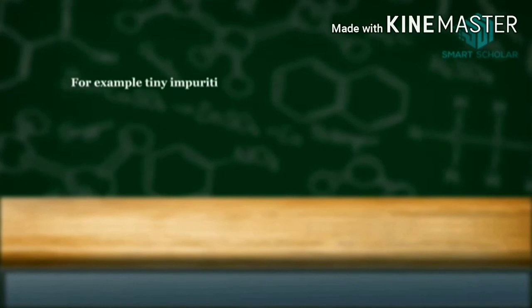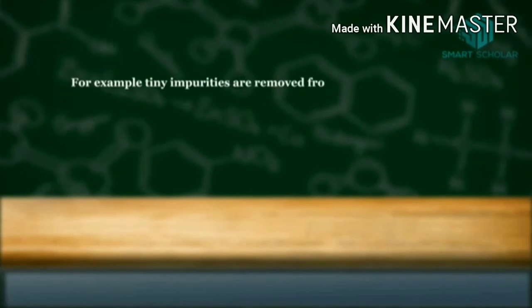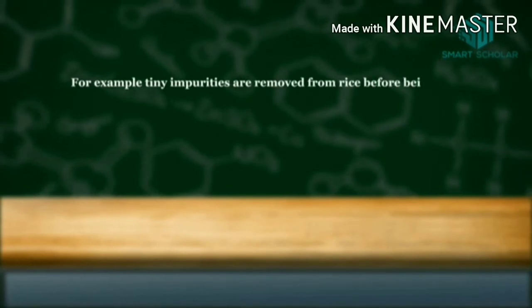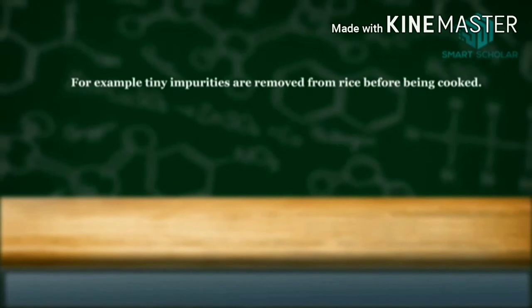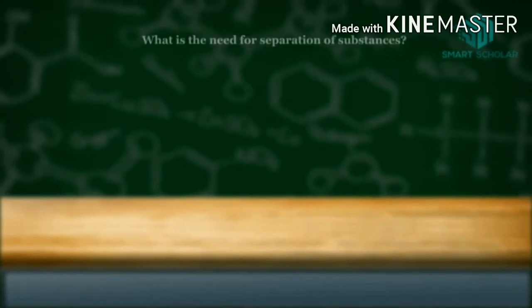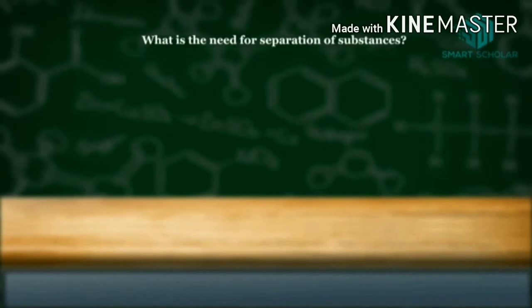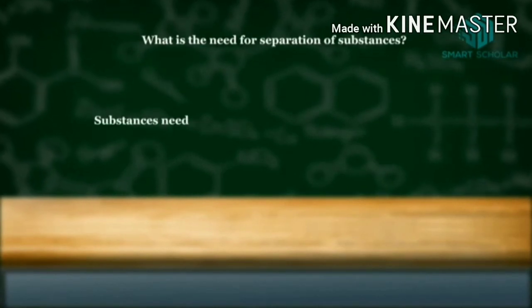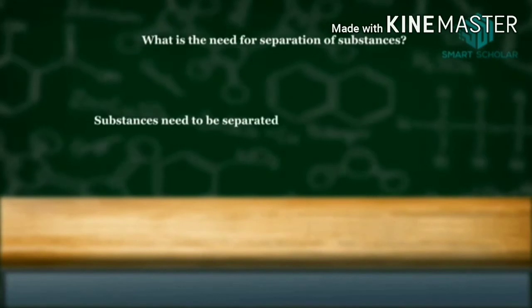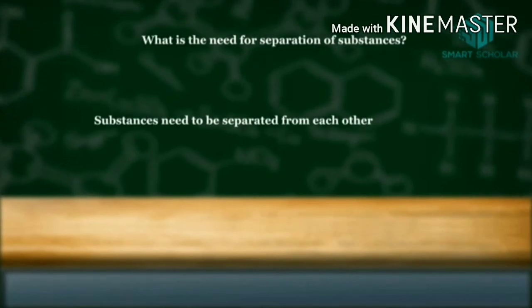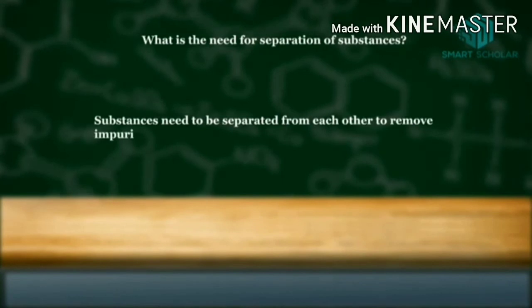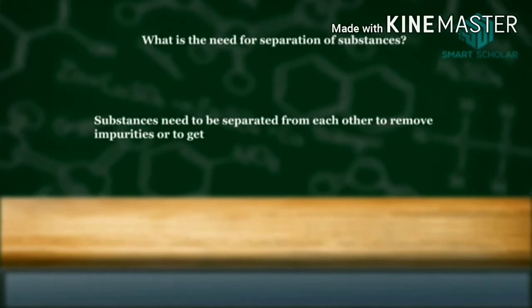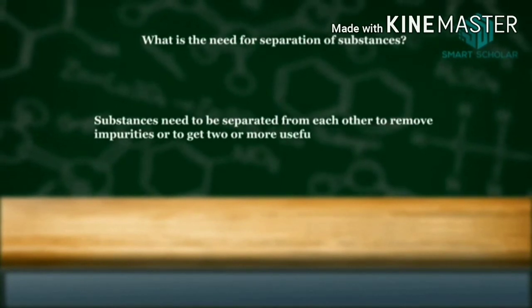For example, tiny impurities are removed from rice before being cooked. What is the need for separation of substances? Substances need to be separated from each other to remove impurities or to get two or more useful products.